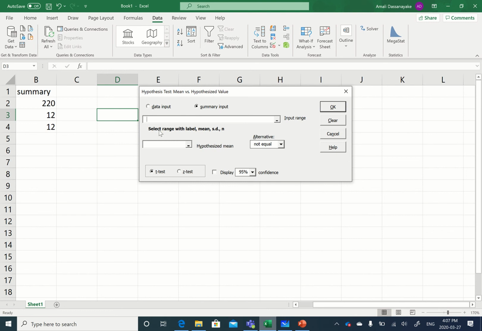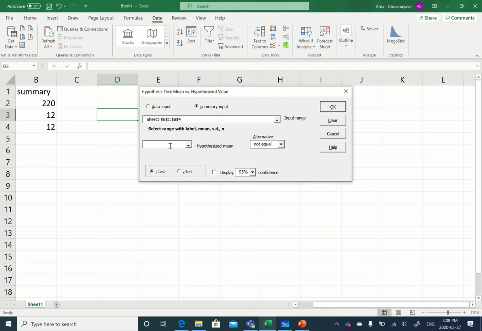And when you read, it says select the range with label, mean, standard deviation, sample size. That means you click here in the empty space and select label, mean, standard deviation, sample size in that exact order. Okay, and then you need to fill out the rest.